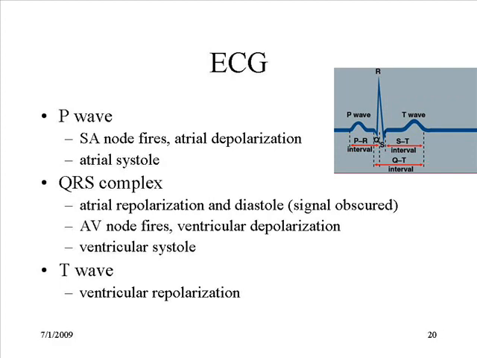The atrial repolarization is also occurring, and you can see this on 6 and 12 lead EKGs, but it's masked in a 3 lead EKG by the QRS complex, which is a stronger depolarization.